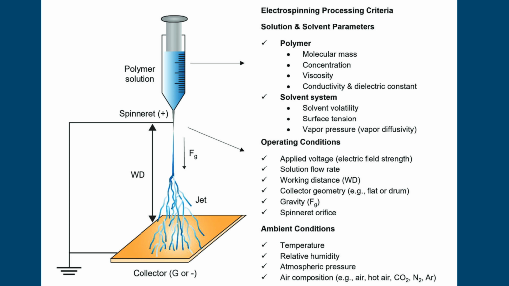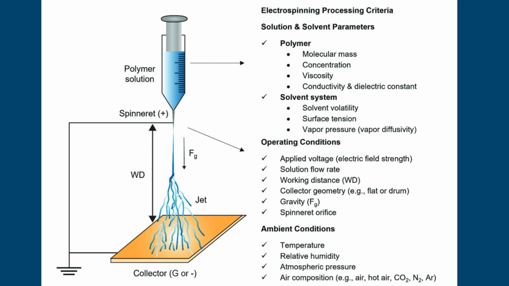Increasing the applied voltage generally enhances jet stretching, although excessive voltage may lead to instability. Similarly, the flow rate must be carefully optimized to maintain a stable Taylor cone, as excessive flow can result in bead defects and incomplete solvent evaporation. The spinneret to collector distance determines the flight time of the jet and must be sufficient to allow complete solvent removal before deposition.